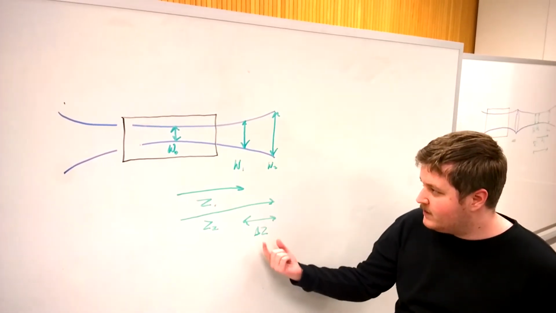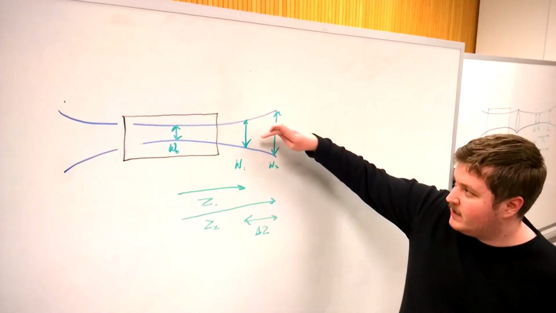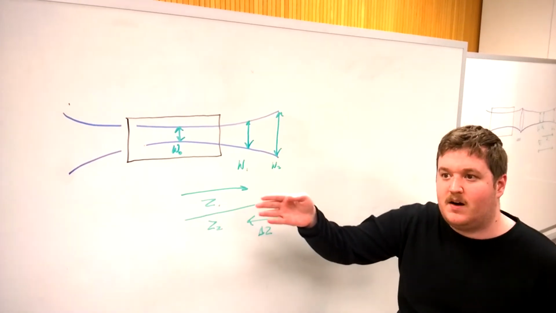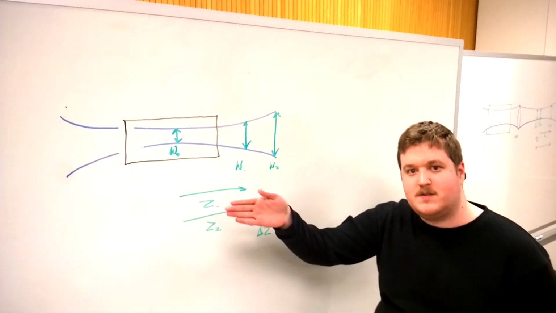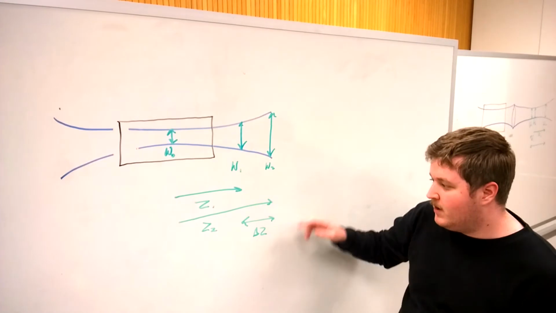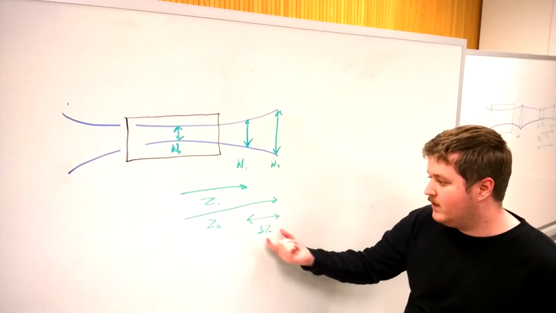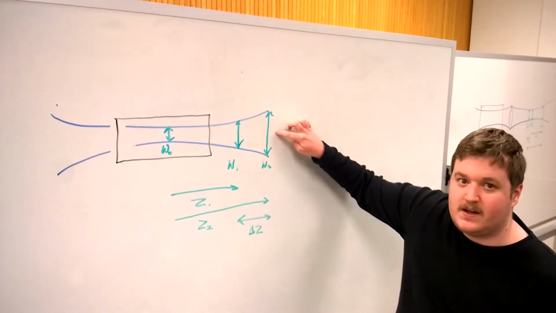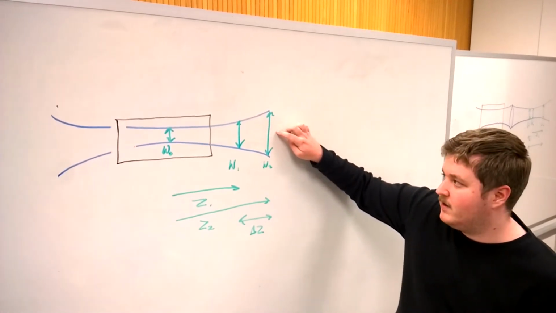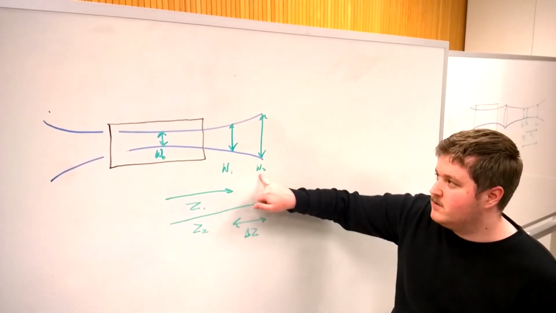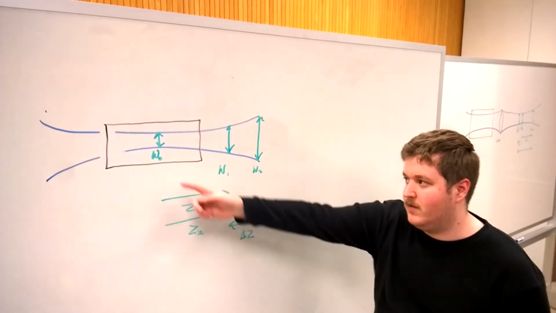And what we do is we put a knife edge at a certain spot, put the knife through the laser, blocking off parts of the beam as we go to get a good profile of the beam, move the knife distance delta Z away, and then do the same thing here.